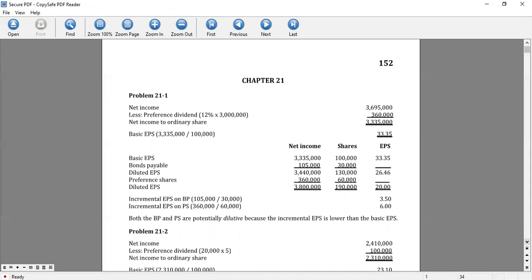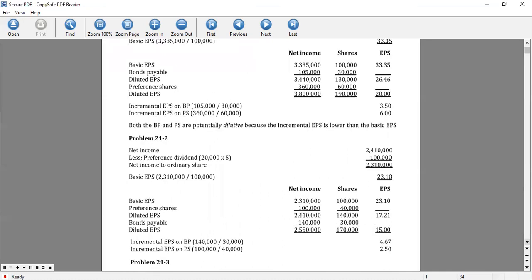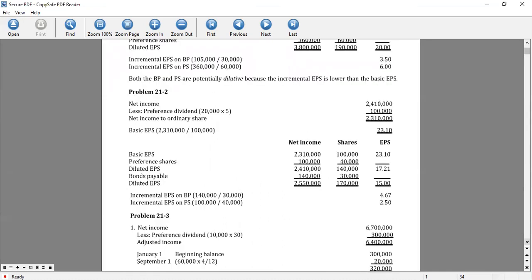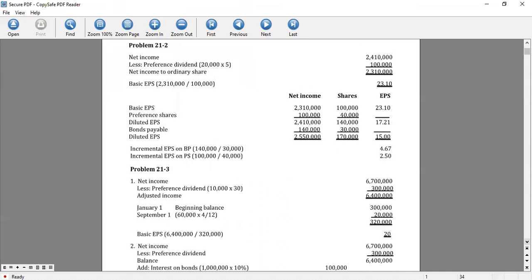So the net income for the current year was 2,410,000 and the income tax rate is 30%. So for the basic earnings per share, we have the net income of 2,410,000, and then we have the preference dividend for the preference shares.